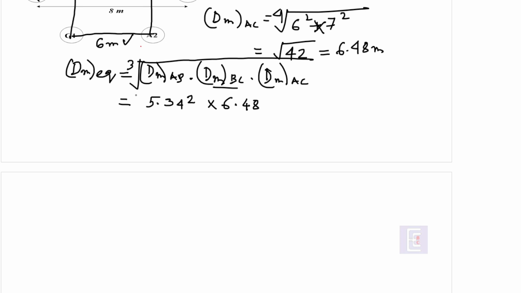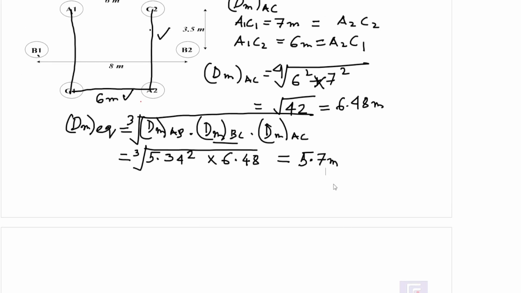If you take the cube root of this, you will get the result: DM is equal to 5.7 meter. So we have evaluated the length of this tower configuration as 5.7 meter. We will require this data at the last.